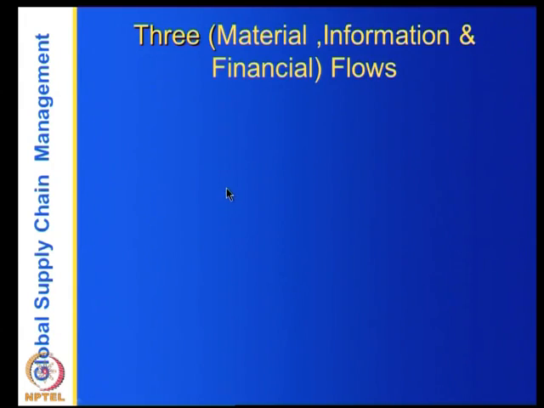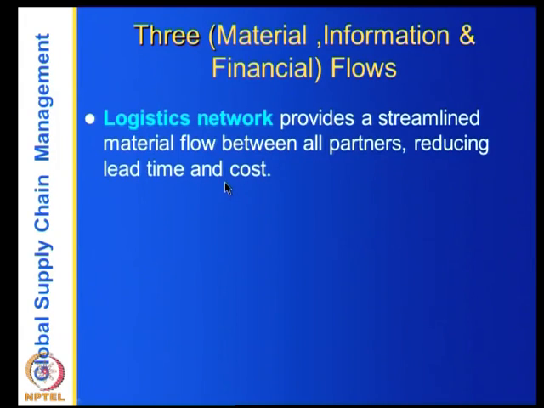There are 3 flows. As I said, the first flow is the goods flow or the material flow between all the partners. Now, the logistics network provides a streamlined material flow between all the partners.